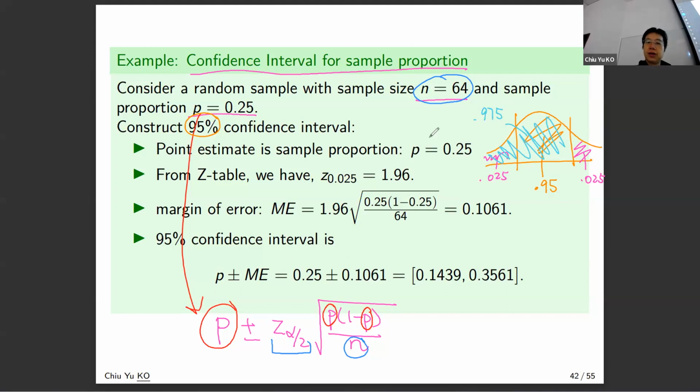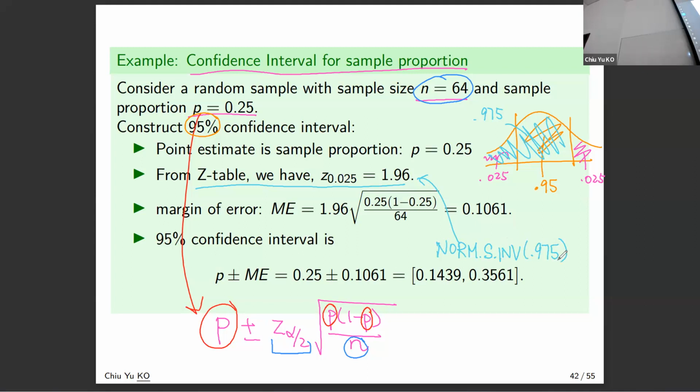And you can use the Z table, right? Look at where the entry is 1.96, then go back to the row and column and figure that out. Or you can use Excel, which is more common. You can do NORM.S.INV of 0.975.